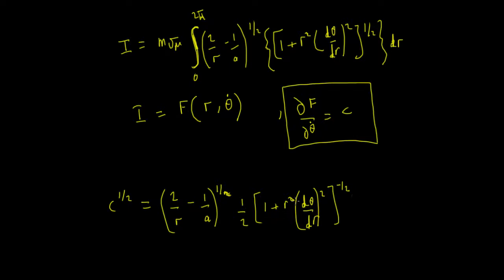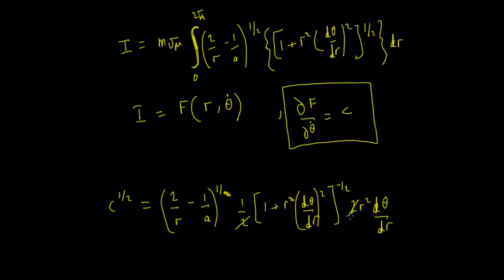Inside the brackets you're going to have our r squared, and you're going to have a value of 2, so it's an implicit differentiation, so it's going to be 2 r squared times d theta dr. Okay, so that's us done that differentiation.